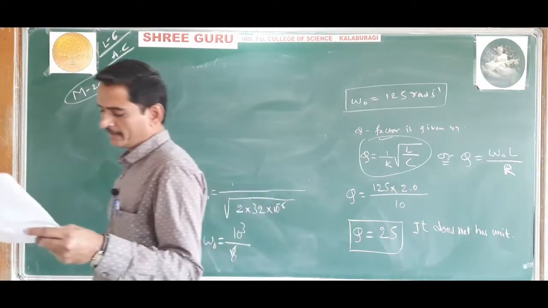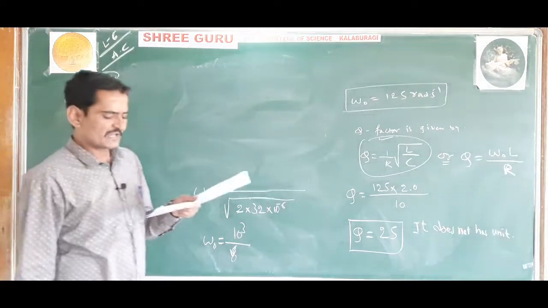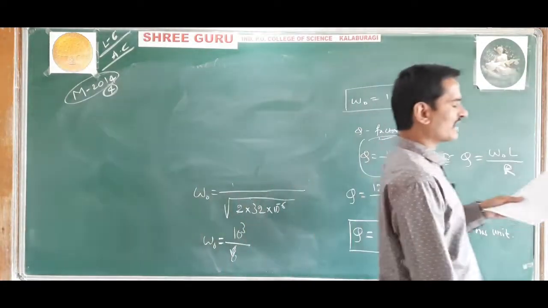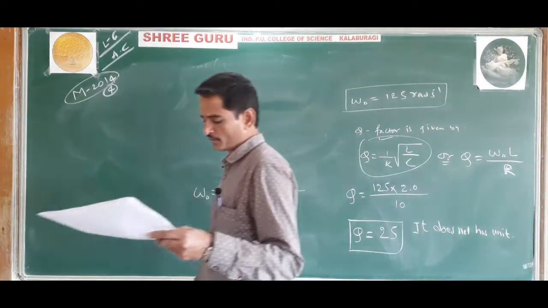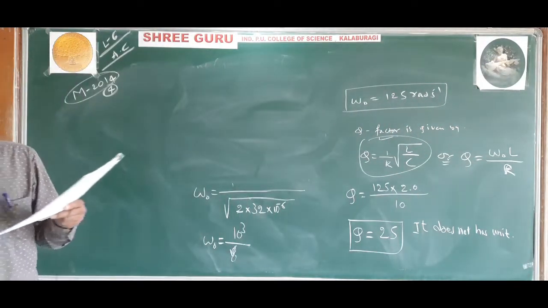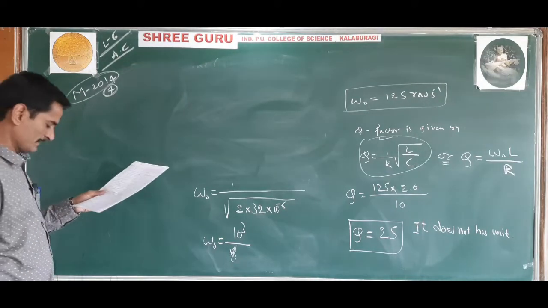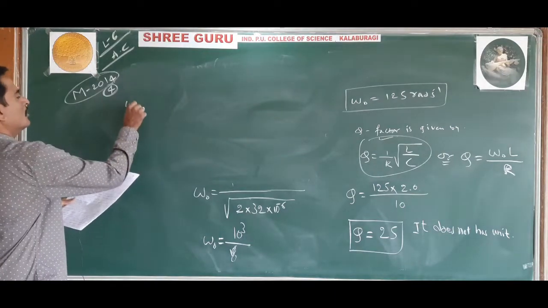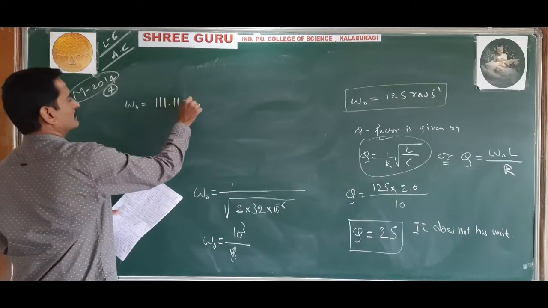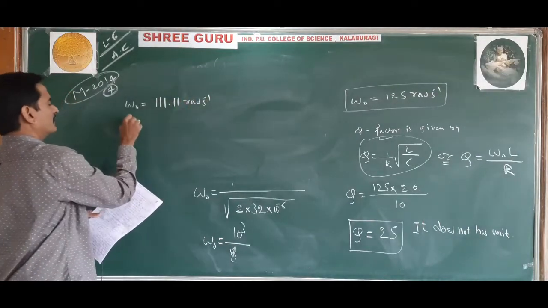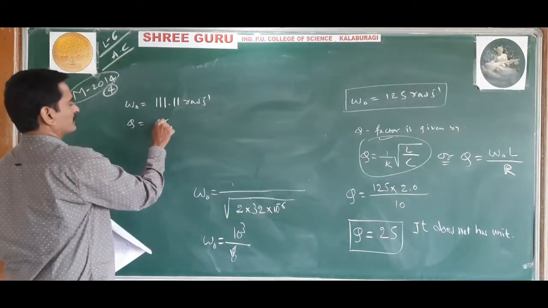Once again, this fourth homework, March 2014: calculate resonant frequency and Q factor of a series LCR circuit containing a pure inductor of inductance 3 Henry, capacitor of capacitance 27 microfarad, and a resistor of resistance 7.4 ohm. The answer comes out to be omega naught is equal to 111.11 radian per second, and Q factor, that is Q, is equal to 45.